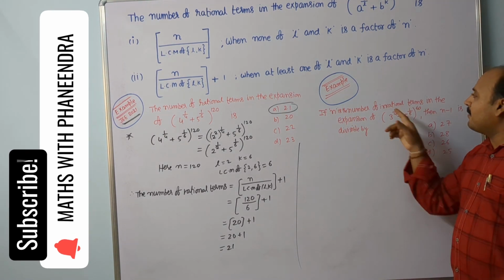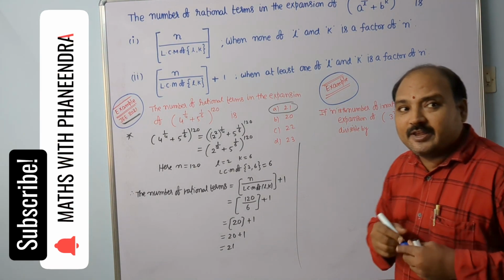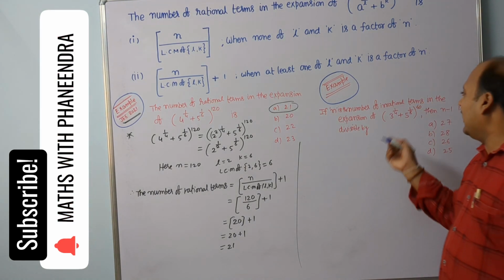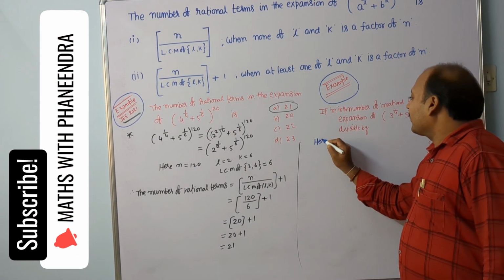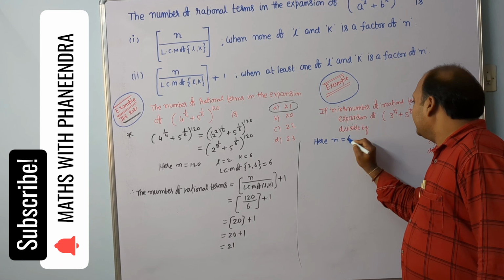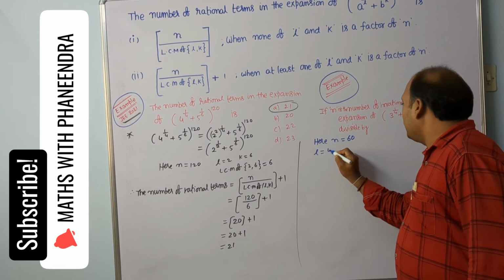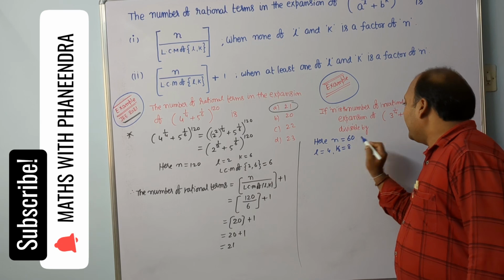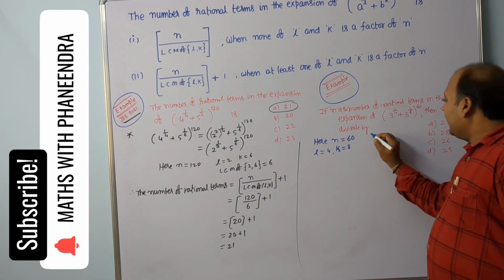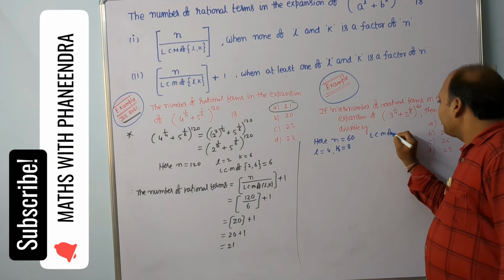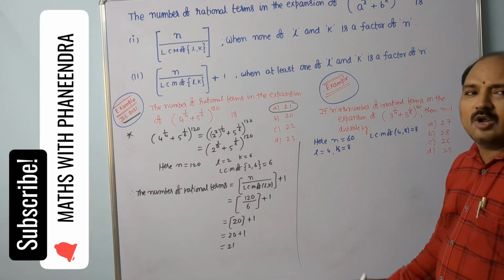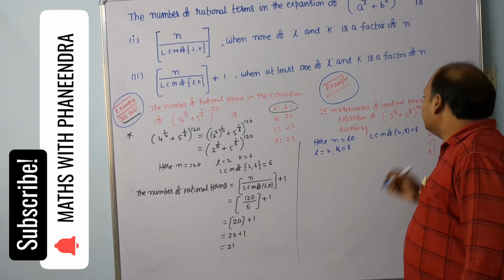If n is the number of irrational terms, n is irrational terms. So first, rational terms we need to calculate. Here, n is equal to 60, l is equal to 4 and k is equal to 8. Clearly, LCM of 4, 8 is equal to 8.